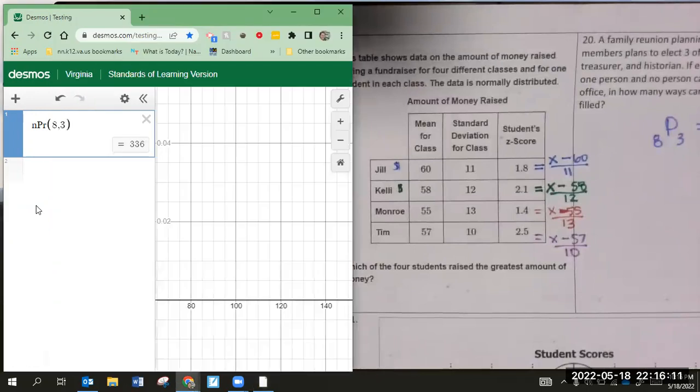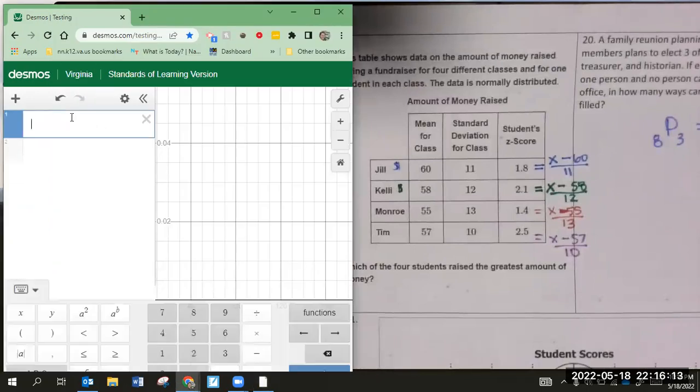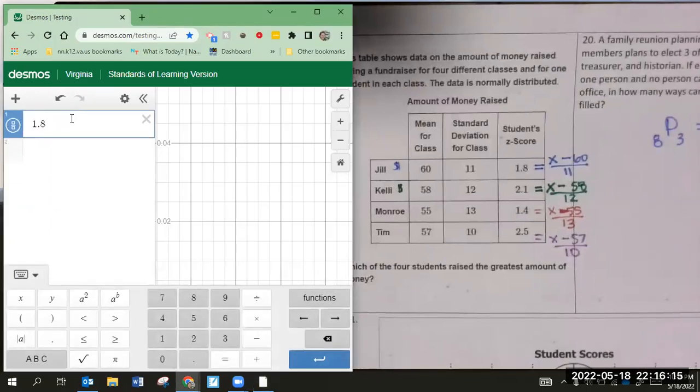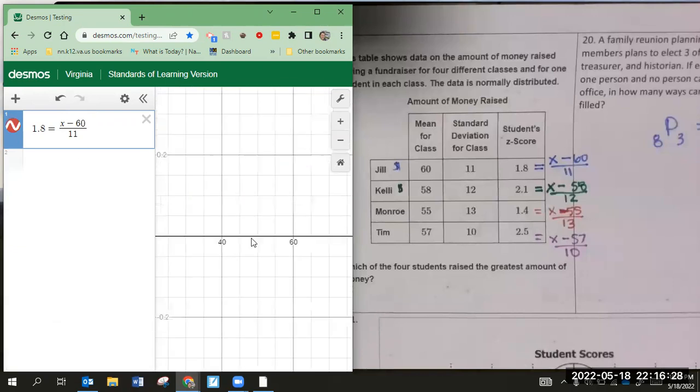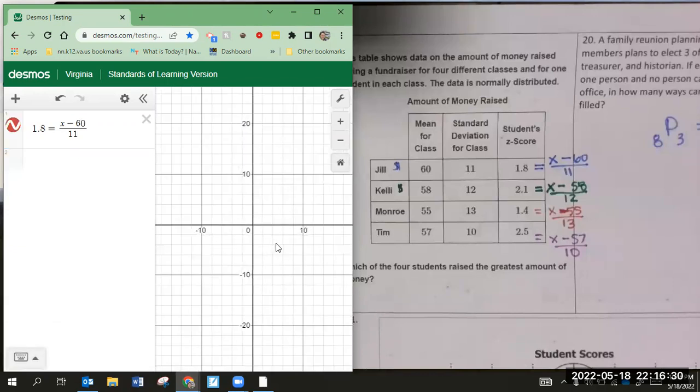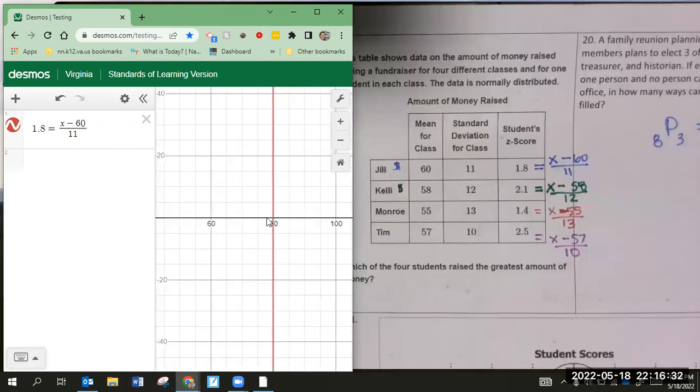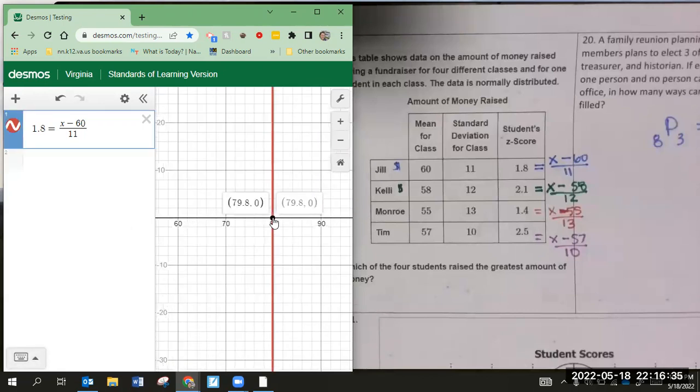So, to Desmos, we're going to ask, all right, if we have 1.8, and we need to figure out how much money this person raised, factor the mean, divide by the standard deviation, and we get about $80. So this first one, 79.8.